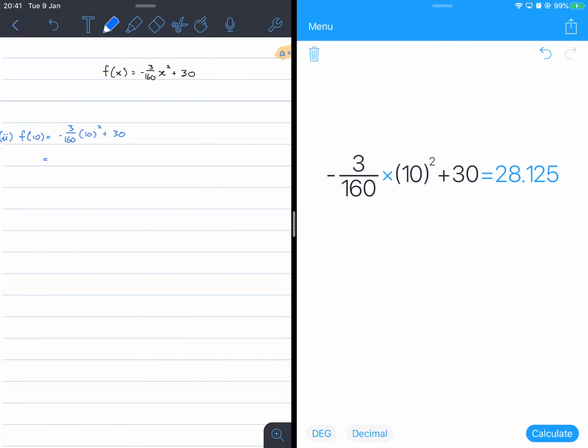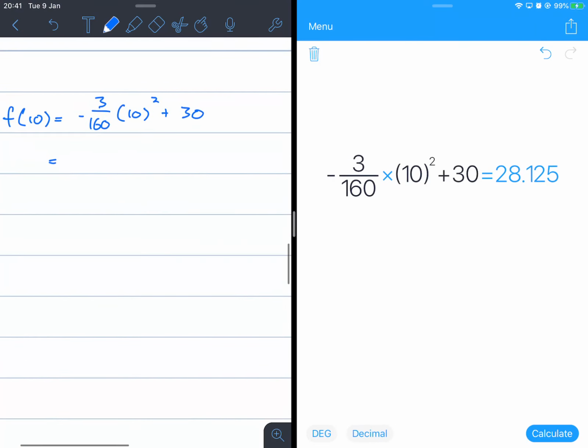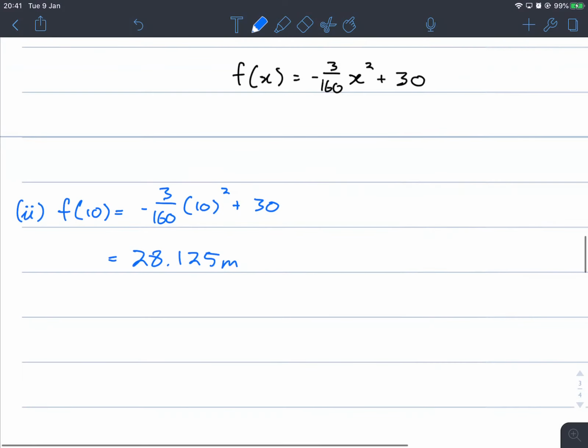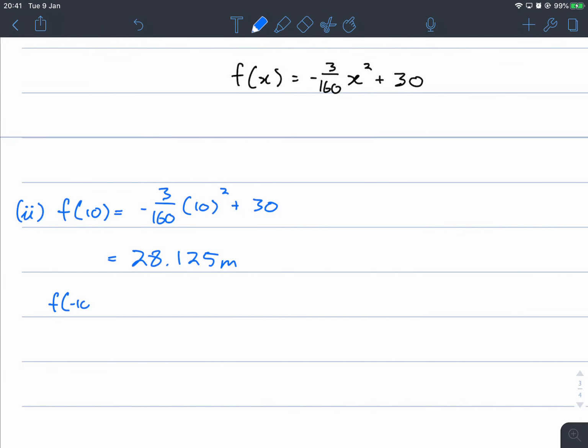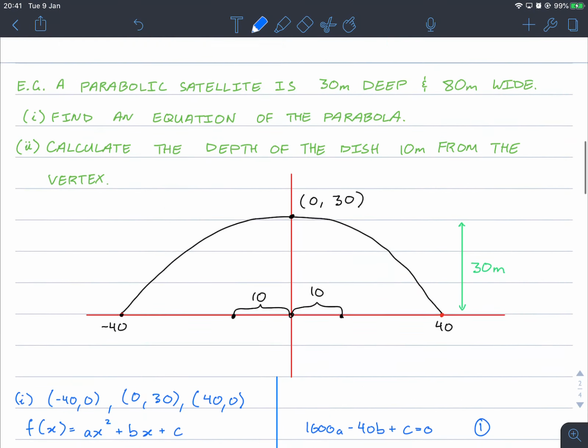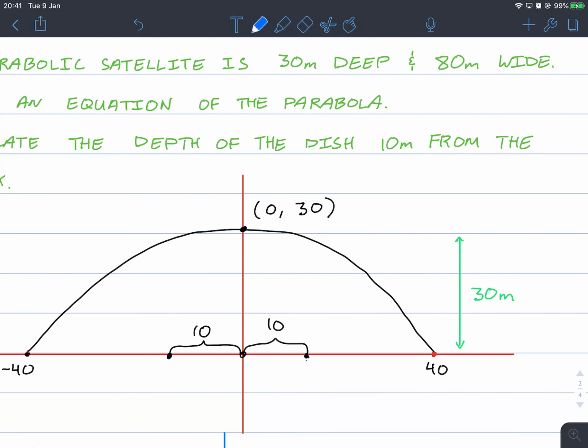This will give us 28.125 meters. Now I would substitute in f of negative 10, but I will know that this is also going to give me the same answer, because a parabola is symmetrical on both sides. So if this height here is 28.125, this height being symmetrical is also going to be 28.125 meters.